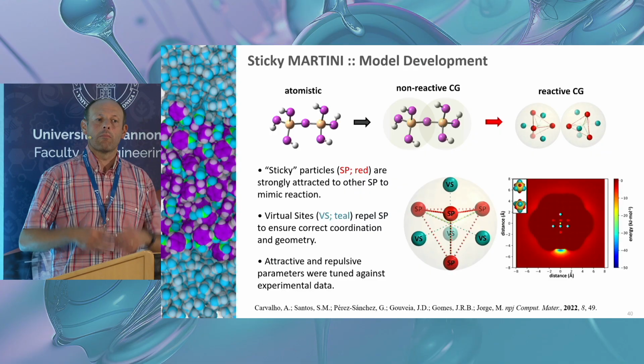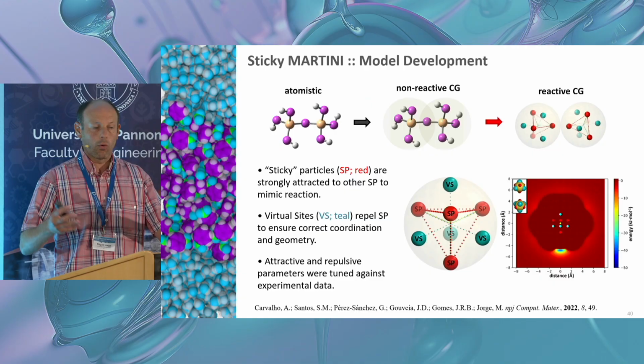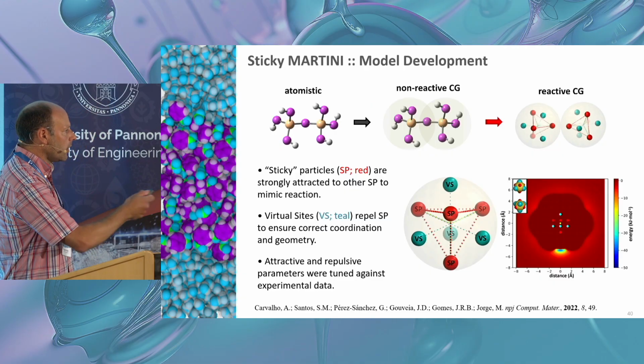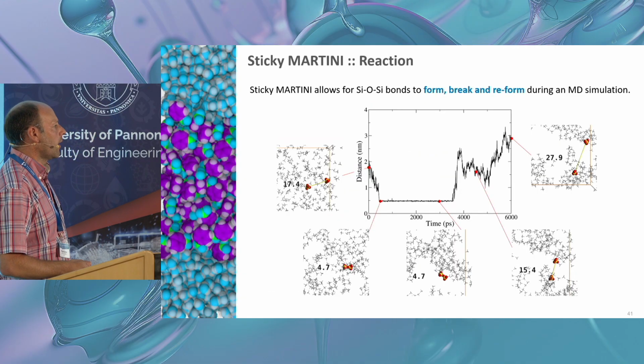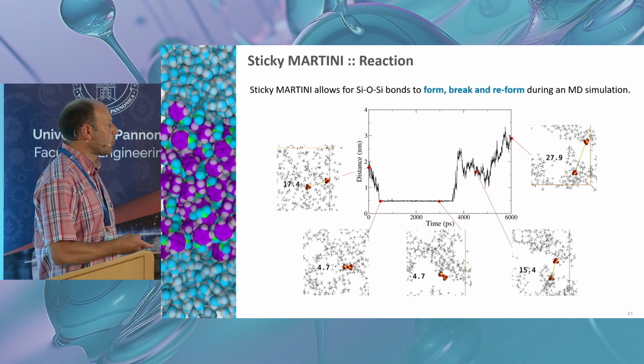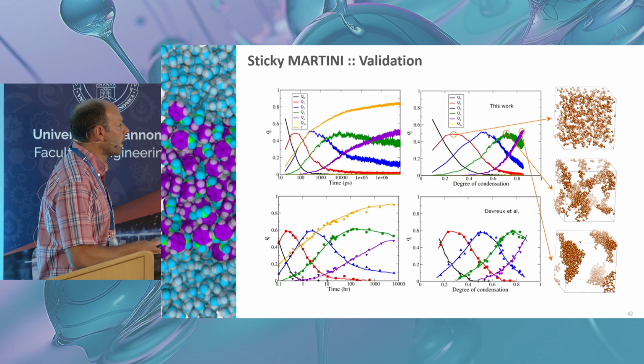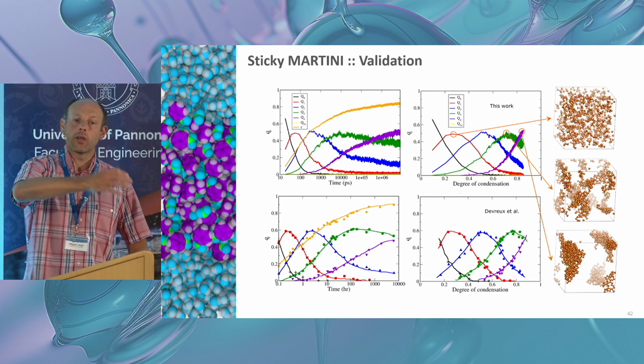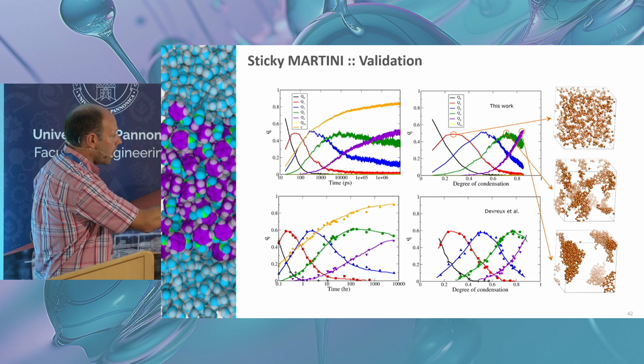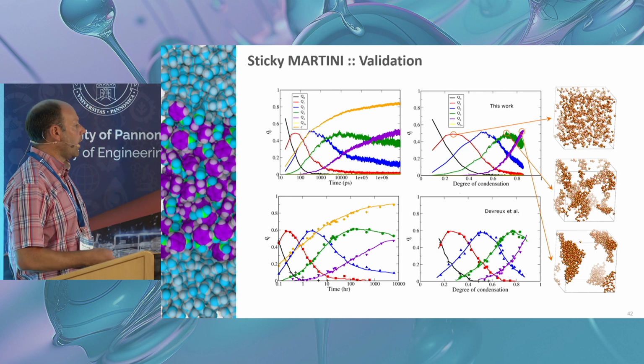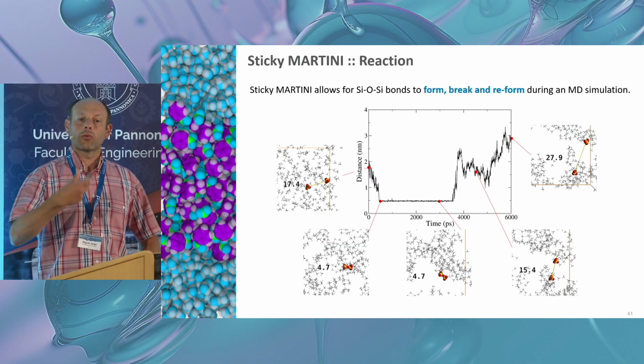We want a maximum coordination number of 4, not more than that. He adjusted the parameters to match experimental data on the silica condensation rate over time, and we get good agreement. That allows us to simulate the reaction in real time.